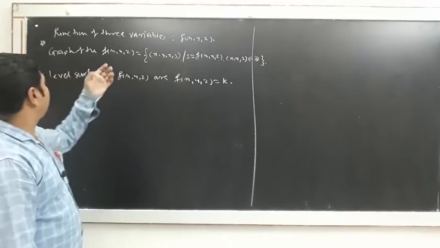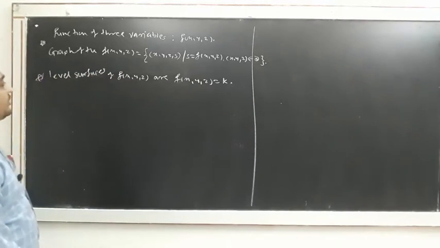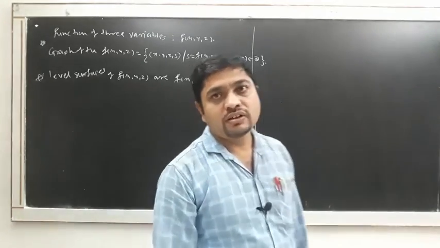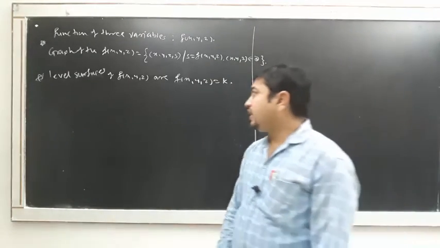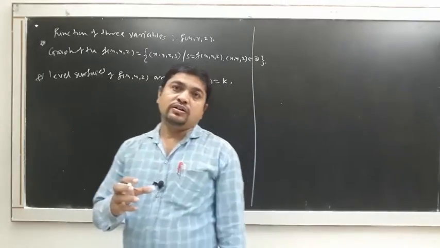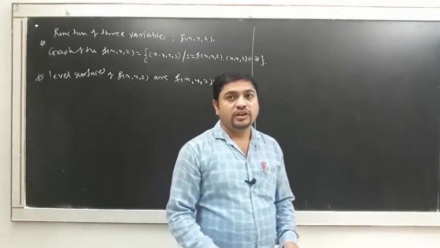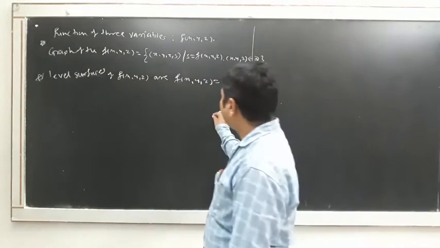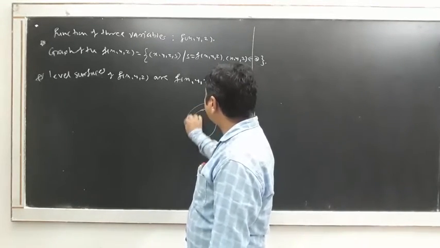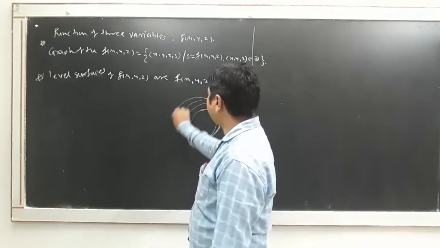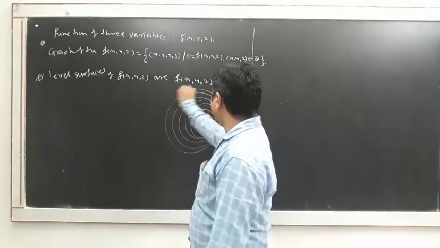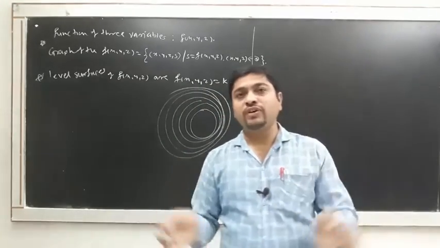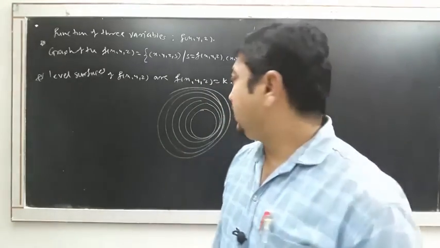So you can find the graph, you can find the level surfaces. What does it mean, level surfaces? Take an example: suppose there is a ball which has so many layers, and if you open it one by one, then what are we getting?